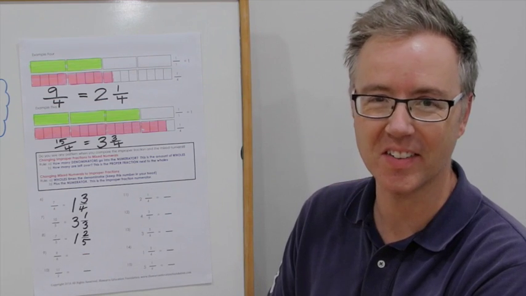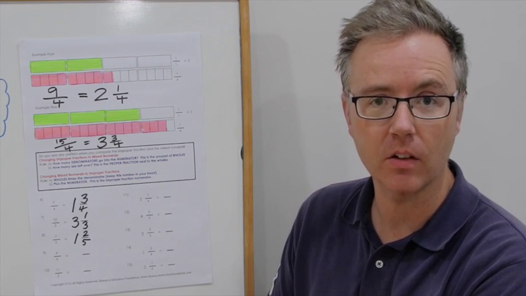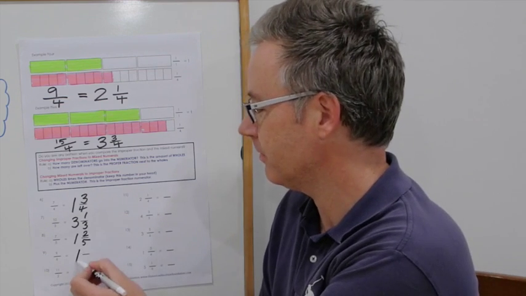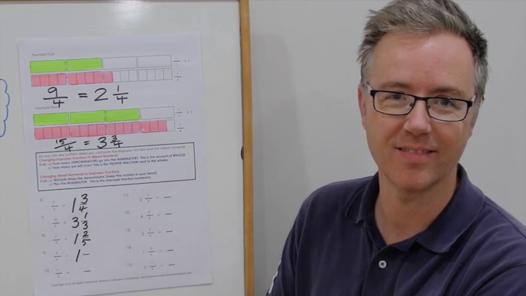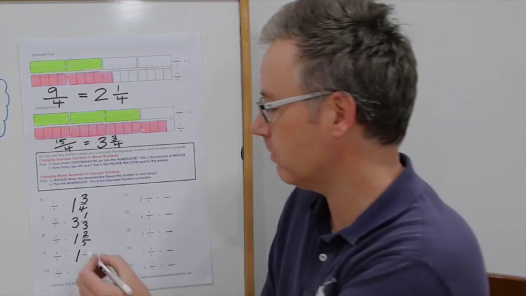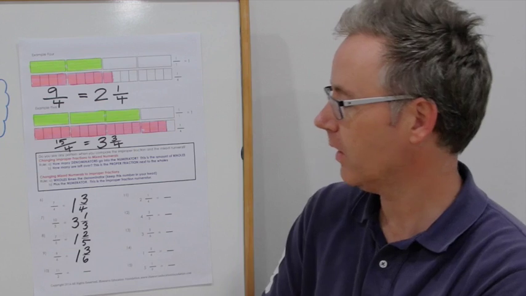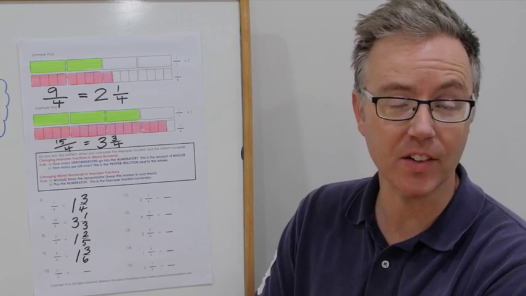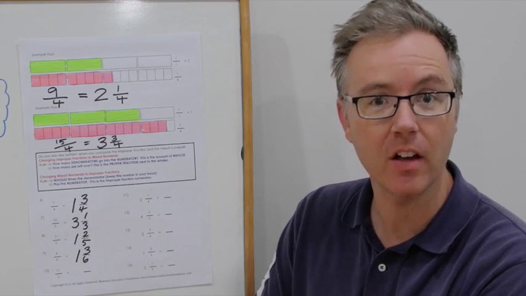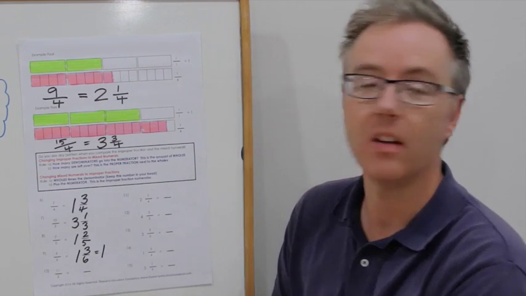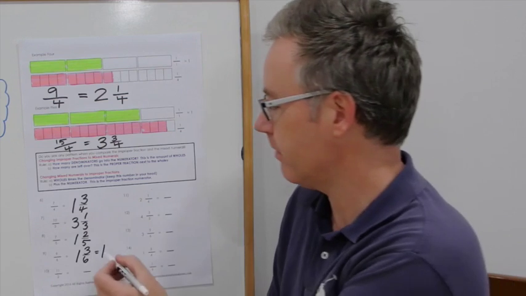Question 9. We have 9/6. How many 6s go into 9? 1. How many are left over? 3. Now 1 and 3/6 can actually be simplified further. 3/6 is a half.